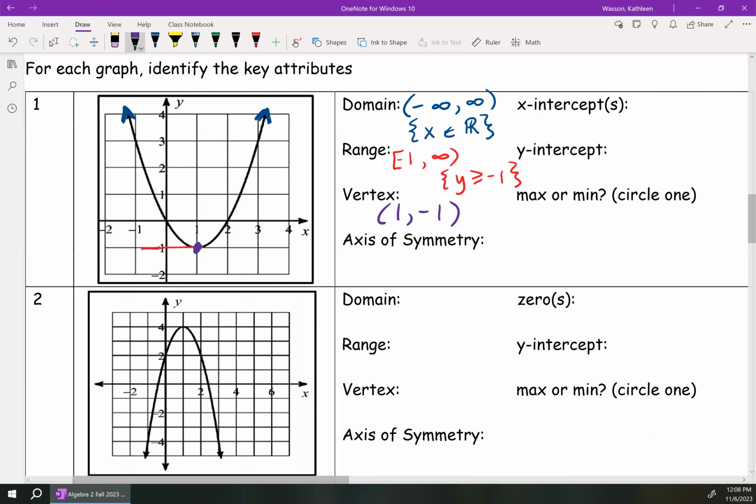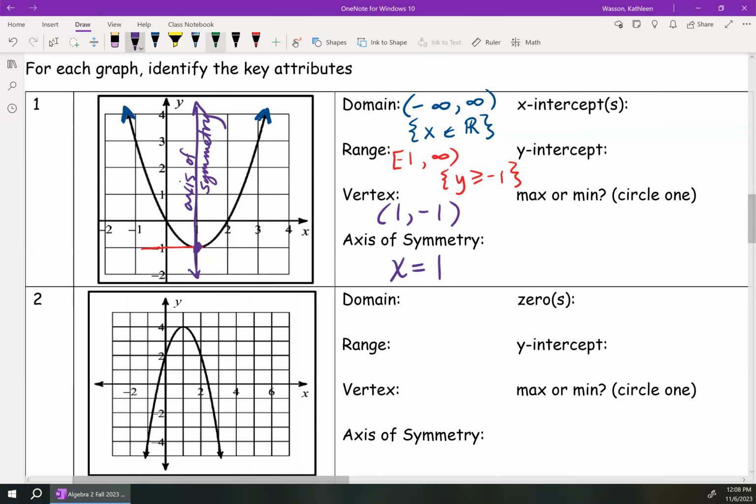My axis of symmetry is a vertical line through the vertex. Since it's always a vertical line, it's always an x equals equation. So I'll write x equals whatever the x is for the vertex, which is 1.